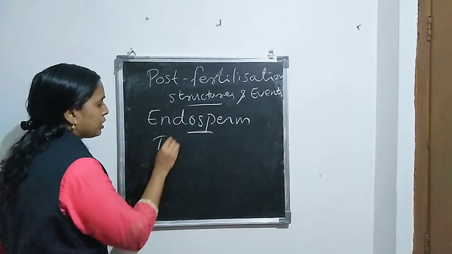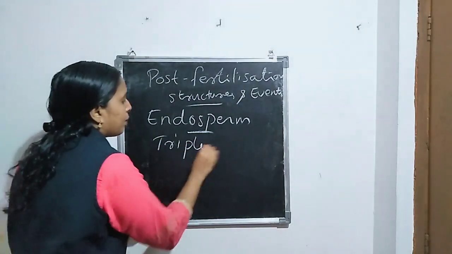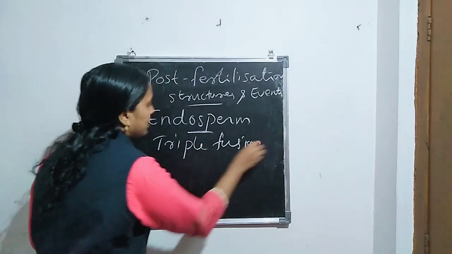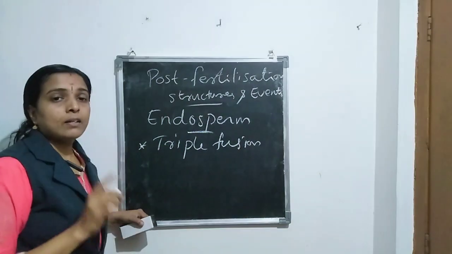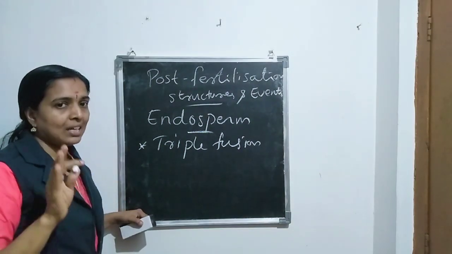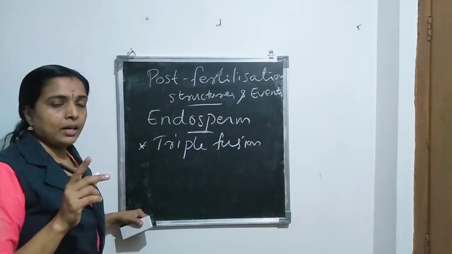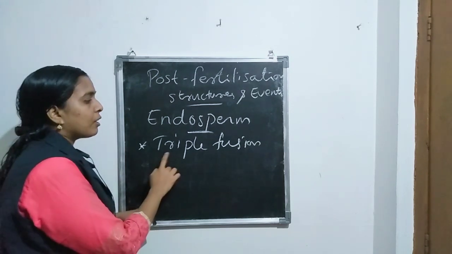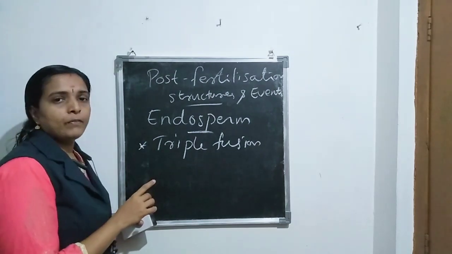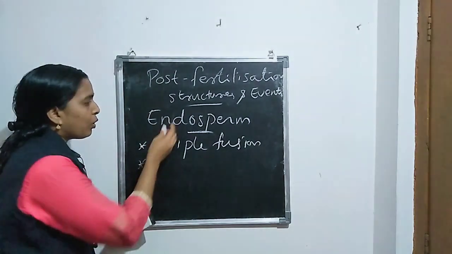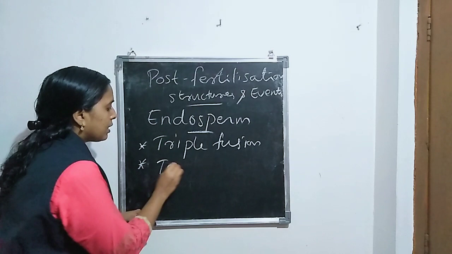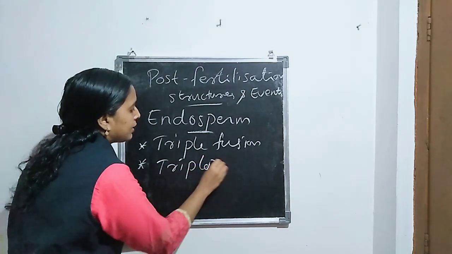Endosperm is the product of triple fusion. Triple fusion means fusion of three nuclei, one male nucleus and two polar nuclei found in the embryo sac. The product of triple fusion is endosperm, so endosperm is a triploid structure.